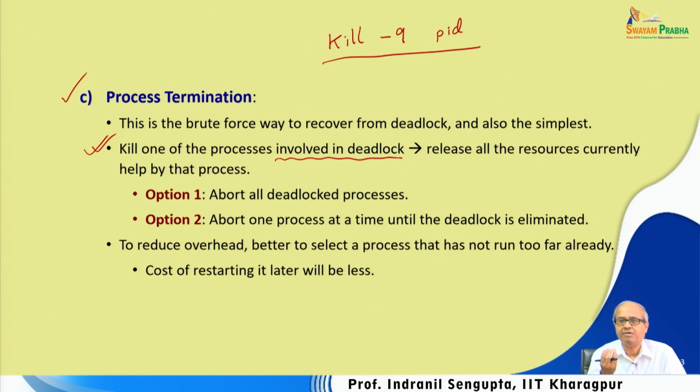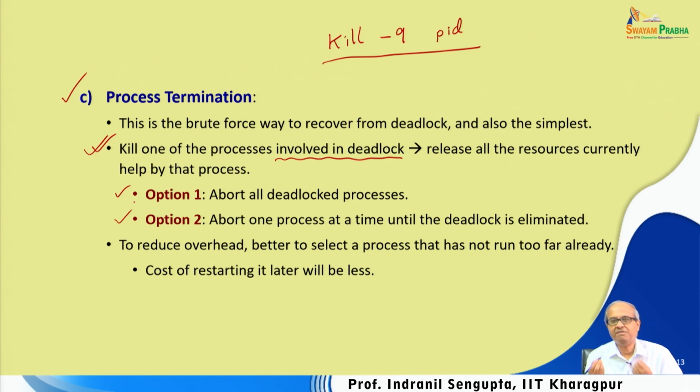Now, there are 2 options. One option is you kill all the processes which are involved in deadlock, but that may be too strict a measure, you need not kill all the processes possibly. Option 2 may be better: you kill the processes one at a time until you see that the deadlock has been eliminated, right.